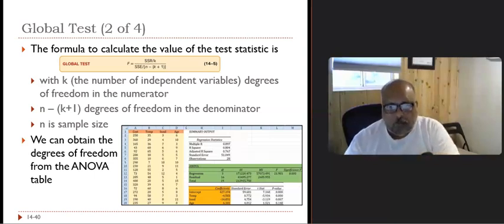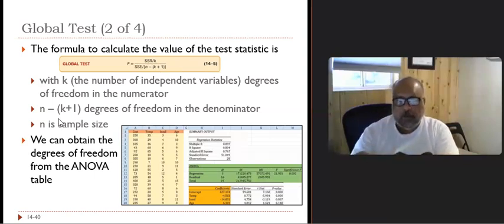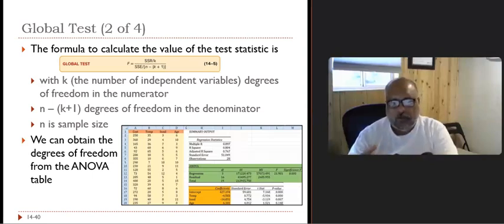So K signifies degrees of freedom in the numerator, and n minus (K plus 1) is the degrees of freedom in the denominator. N is the sample size. So we can do ANOVA analysis for the data given to us and find degrees of freedom.